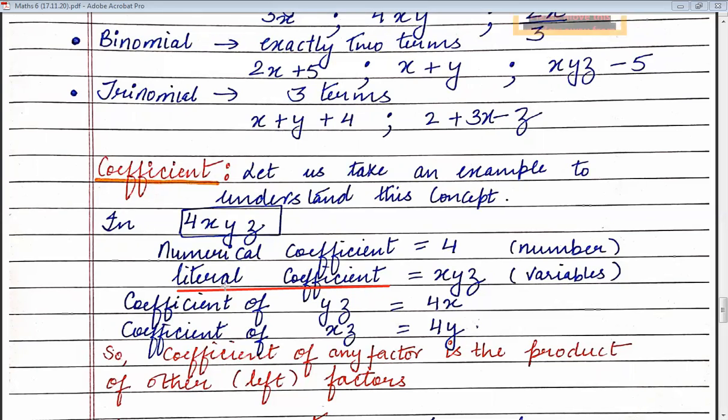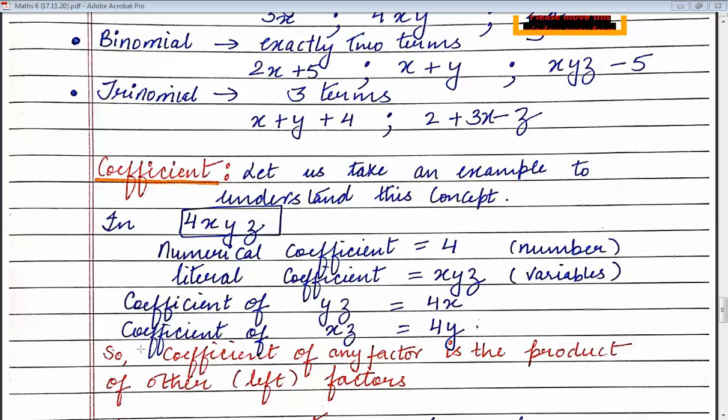Now children, you know that literal means variable. Very right. So let's see how many variables are there. X, Y, Z. All 3 are there. So what is the literal coefficient of this term? X, Y, Z. So now children, be careful that the numerical coefficient is the number only and the literal coefficient is the variable of that term. Okay.